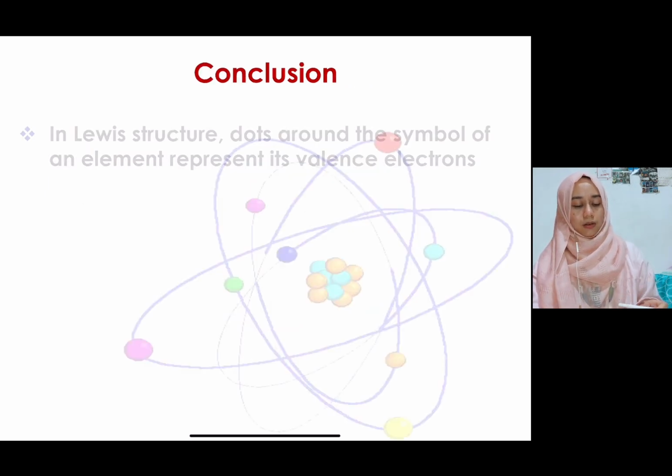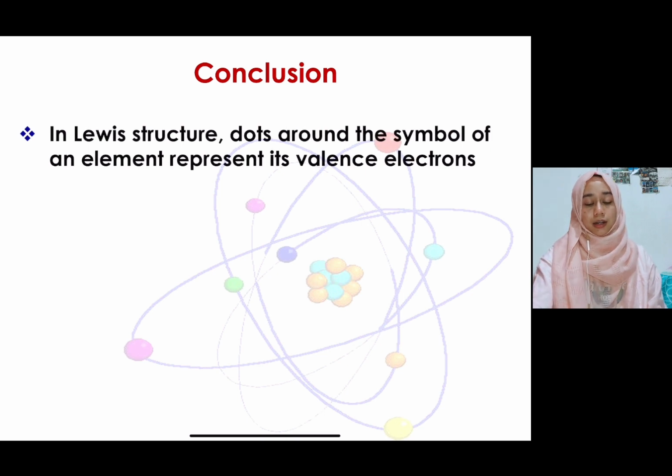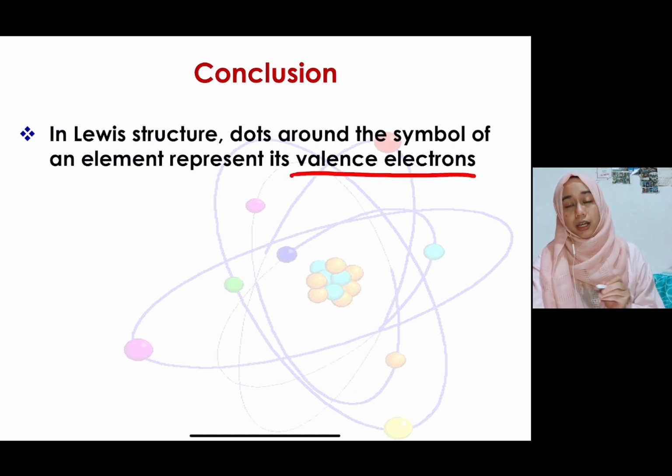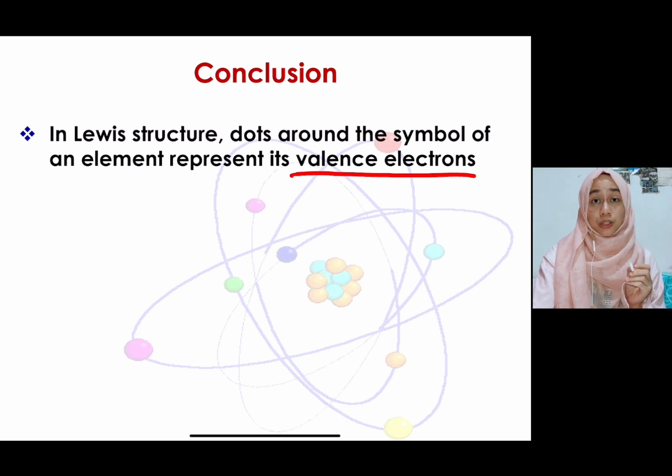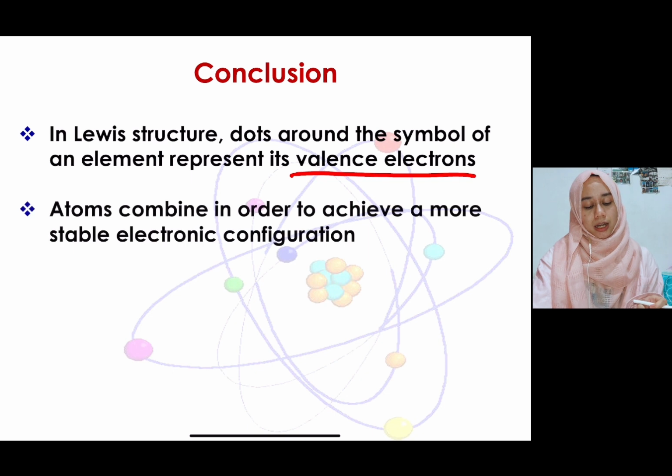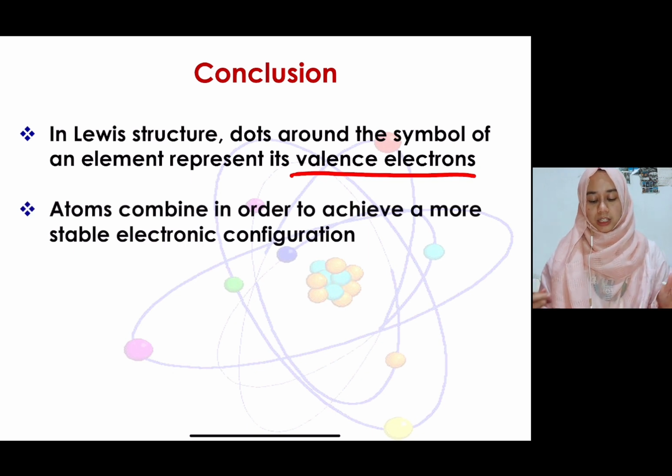Okay, so conclusion for the first part ni, Lewis structure, the dots around the symbol of an element represent the valence electron. Okay, kalau kamu guna X pun boleh juga, kamu guna cross pun boleh juga. Sama sahaja tu. And then the atoms combine in order to achieve a more stable electronic configuration.